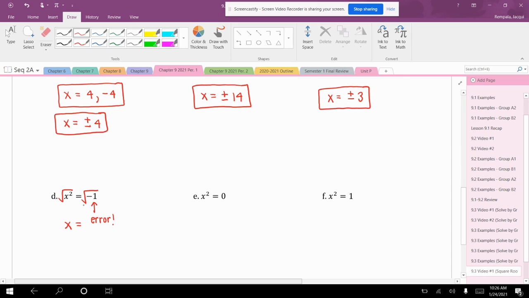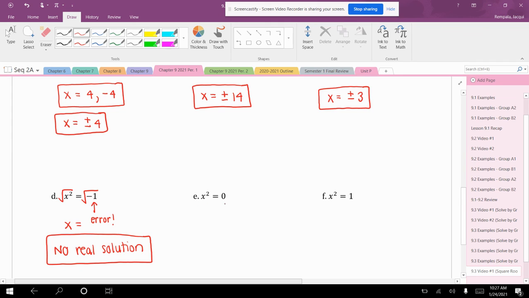So right now, when that occurs, our final answer, we're going to say no real solution. Because as you move up in the math world, we will have an answer for that, but it's something called an imaginary number. So right now, we're only dealing with real numbers, so there is no real solution when there's a negative number under the square root.